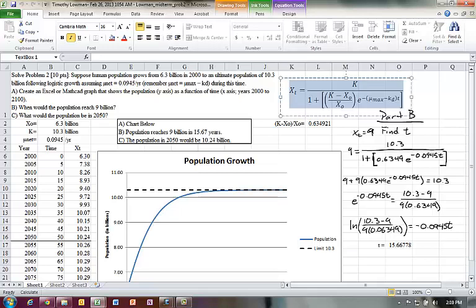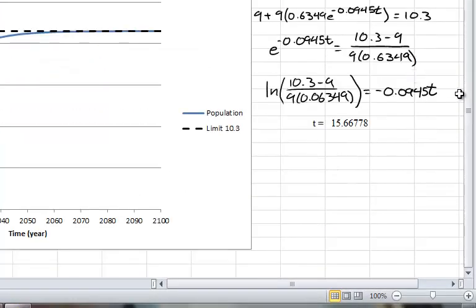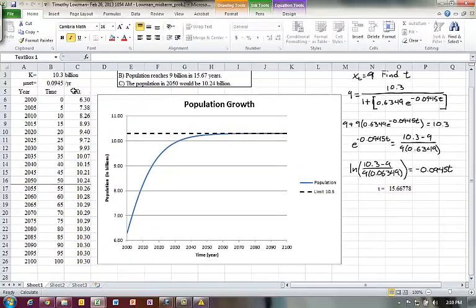Part C, what would be the population in 2050? You'd solve for xt, and that looks like 10.21 billion or 10.24 billion. Then you plot it, and you set up this axis that has the year, the time, and xt, and it would go up at this rate up to that maximum, and you'd see it flatline at that point.